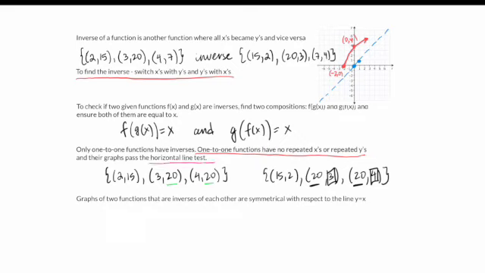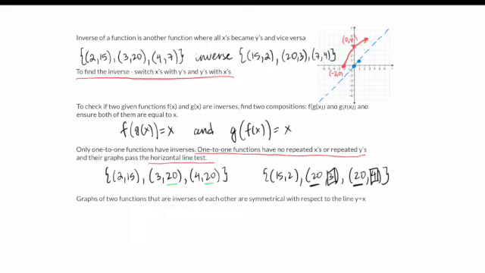But what does that mean? The horizontal line test checks if any horizontal line that you draw through the given graph will only hit your graph at one point. And as you notice, all of my green horizontal lines only hit my red graph at one point. That's why my red graph is a one-to-one function and will have the inverse.